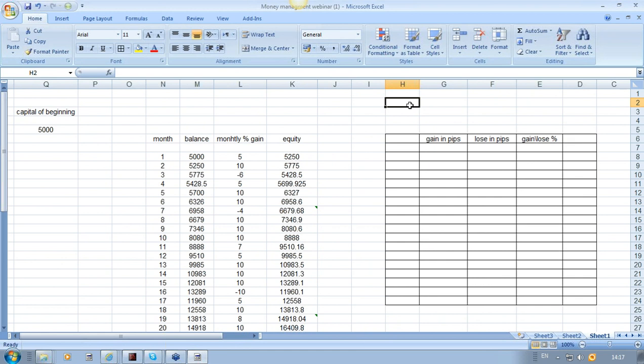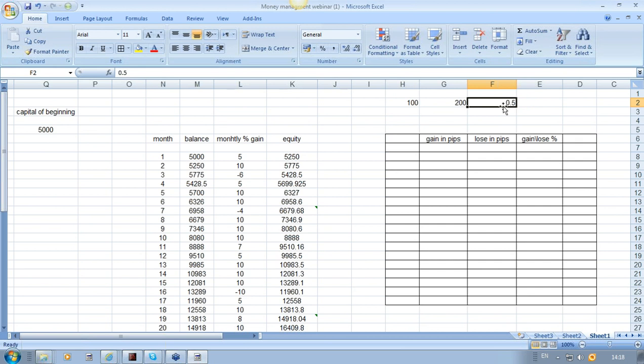What do I mean? If I risk 2%, that means I risk $100 per trade. If my stop loss is 200 pips and my money risk is $100, that means I should go for a trade where each pip will be $0.50, right?